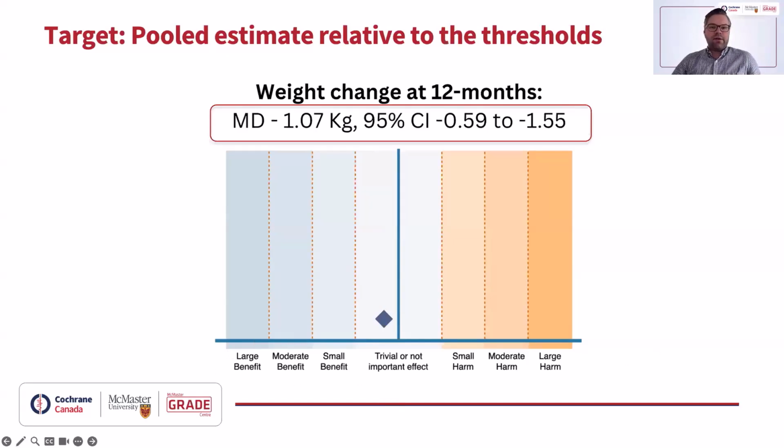So in GRADE, we have the 4 levels of certainty. We have high, moderate, low, and very low, which we arrive at by assessing the GRADE domains of risk of bias or study limitations, limitations in study reporting or execution, imprecision, inconsistency, indirectness, and publication or dissemination bias.